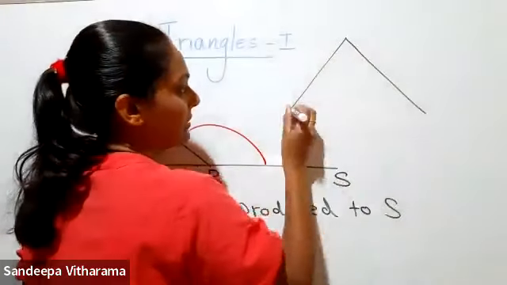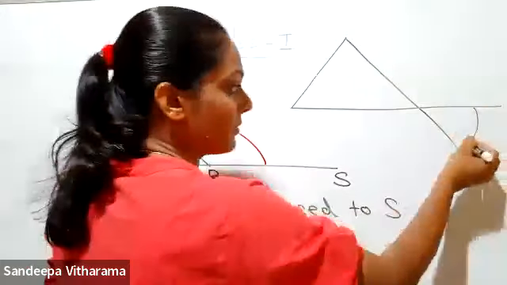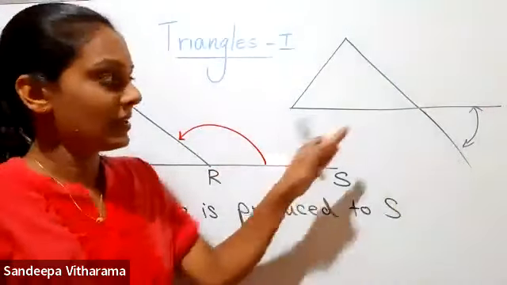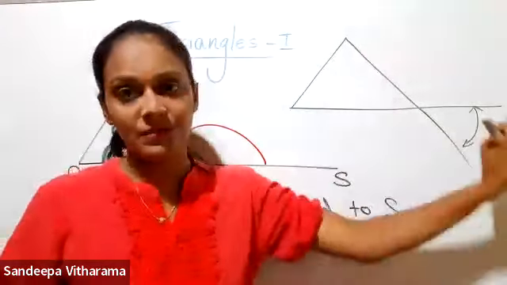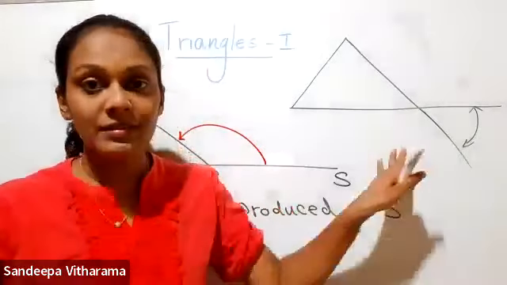Where do students get confused? Look at here. Both of these two straight line segments are formed by producing two sides of a triangle. Then these are not the exterior angle.